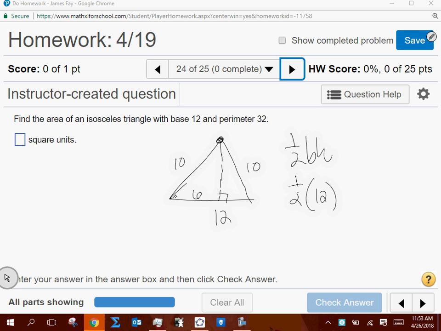Good. It makes that little distance right there 6, because this segment is the perpendicular bisector of the base. So that's 6, that's 10. Pythagoras tells us this should be 8. 6, 8, 10 is a Pythagorean triple. So there's my H.